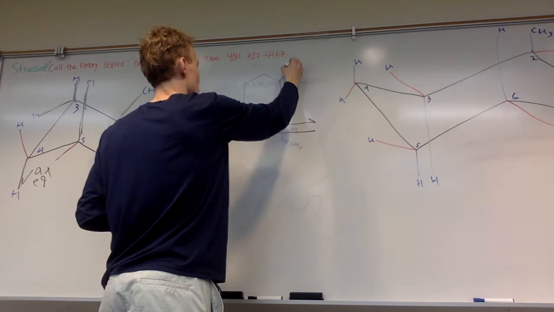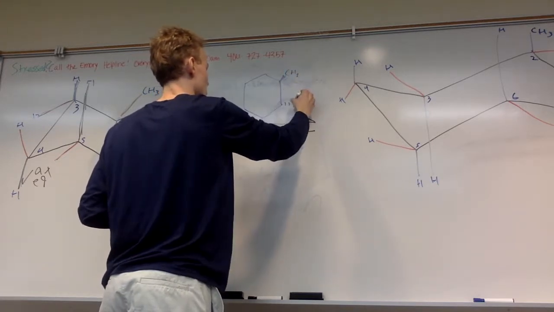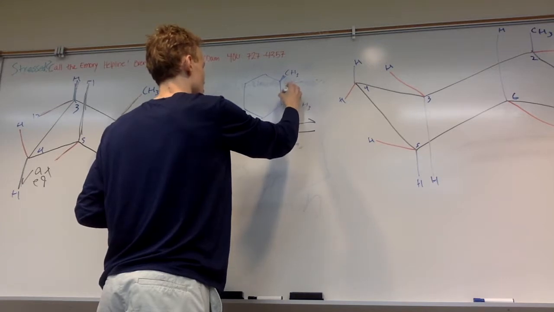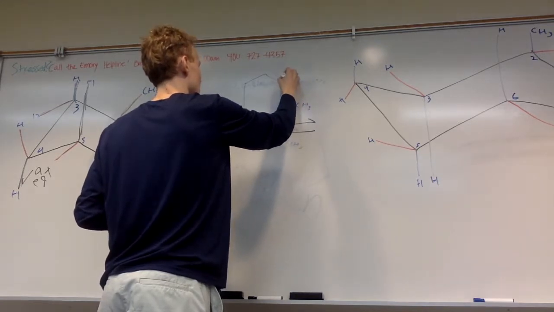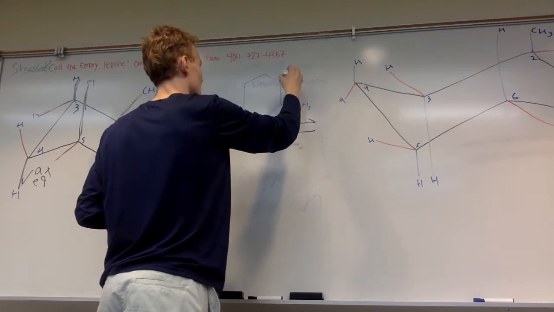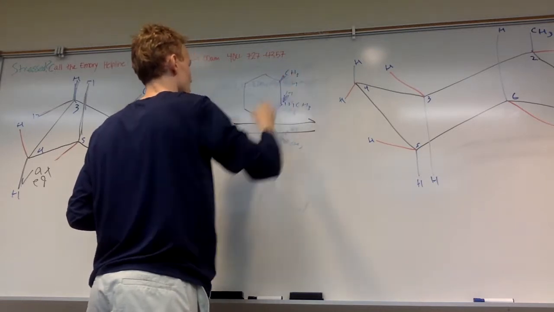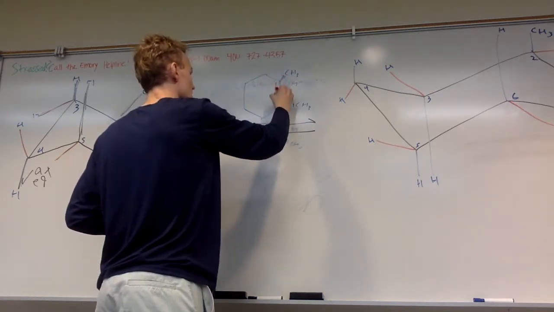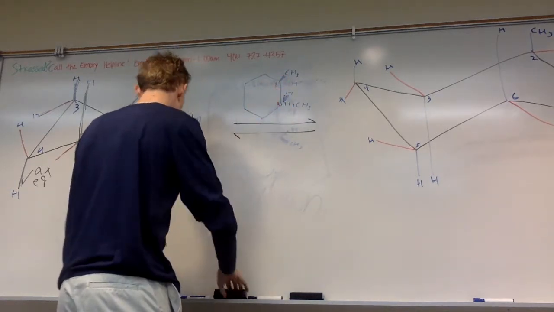If it's methyl, we'll have a CH3 here and a CH3 here, which means our H is going to go here, and our H will go here. We'll say this is our carbon number 1, and this is our carbon number 2.